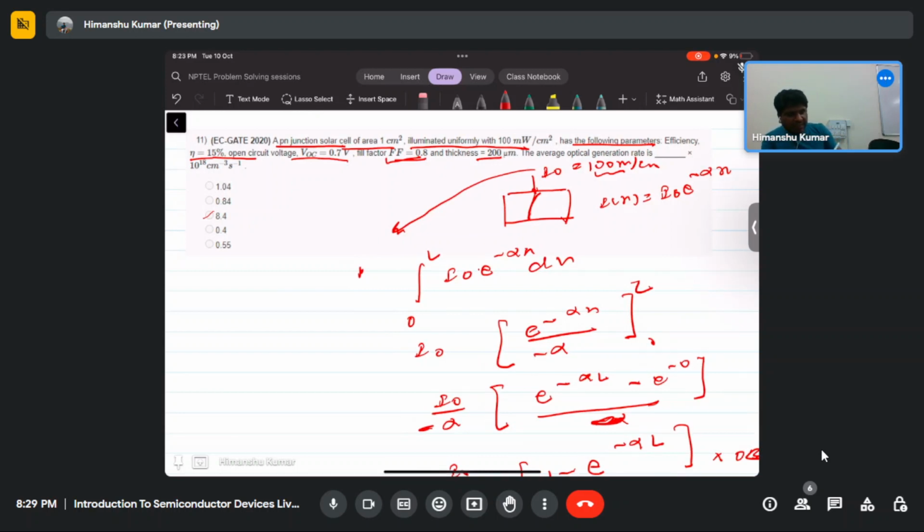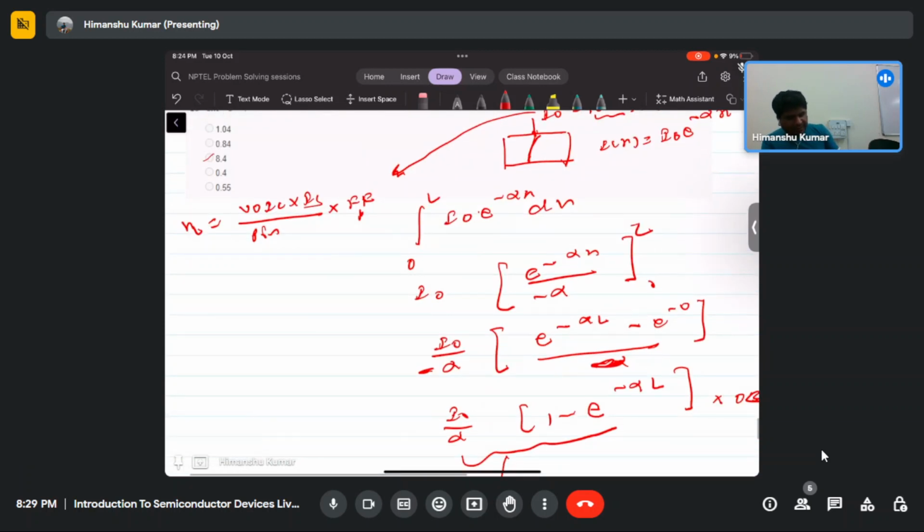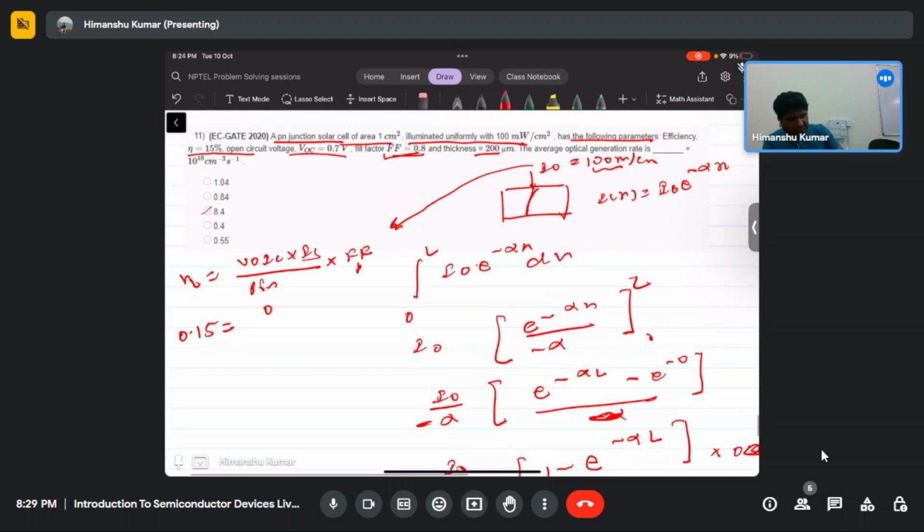So the efficiency eta is given as VOC multiplied by ISC divided by power input, multiplied by fill factor. Efficiency is 0.15, VOC is 0.7, ISC we need to find, and we divide by the power input we are provided.